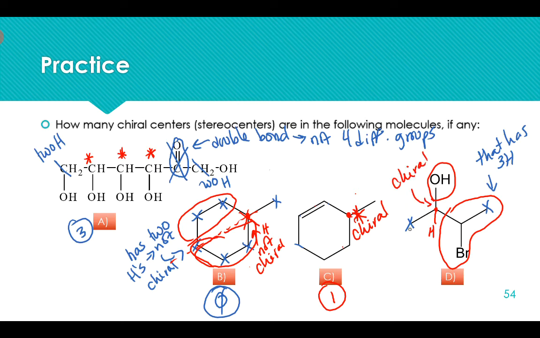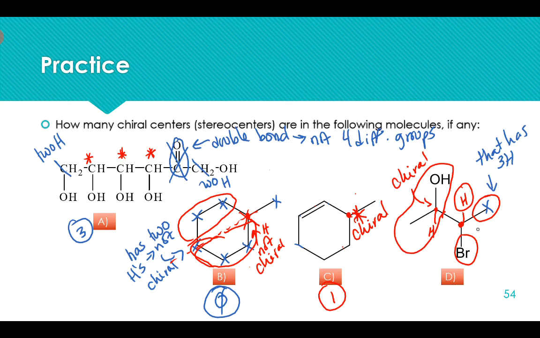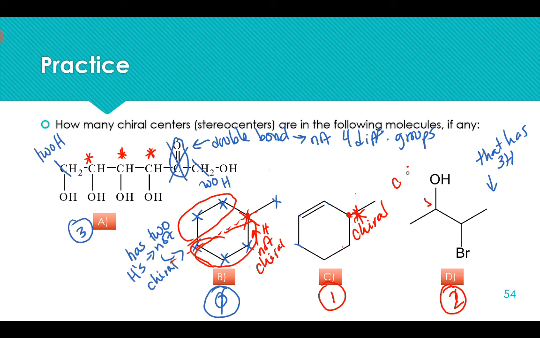It has 4 different groups on it. This one is also chiral. Remember, it does have an implicit H. And so that's 1, 2, 3, 4. And so this one has 2 chiral centers. That carbon right there and that carbon right there.